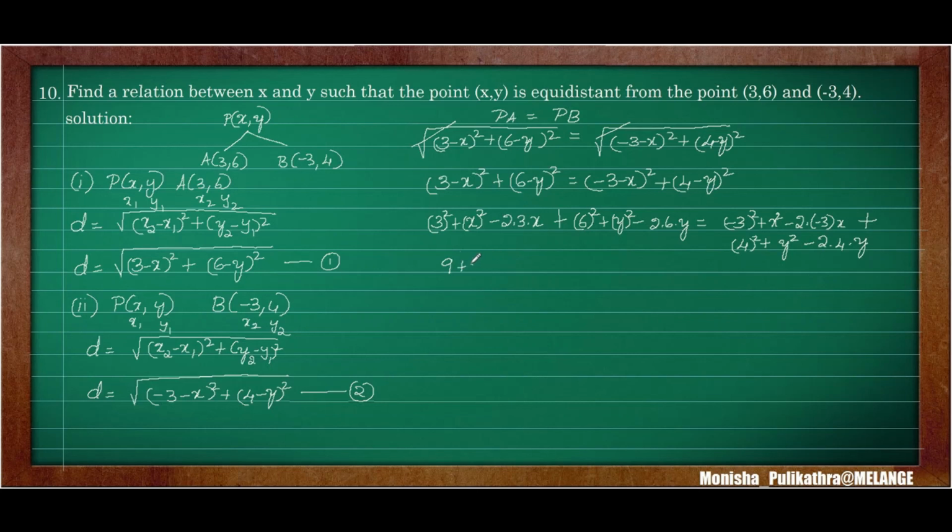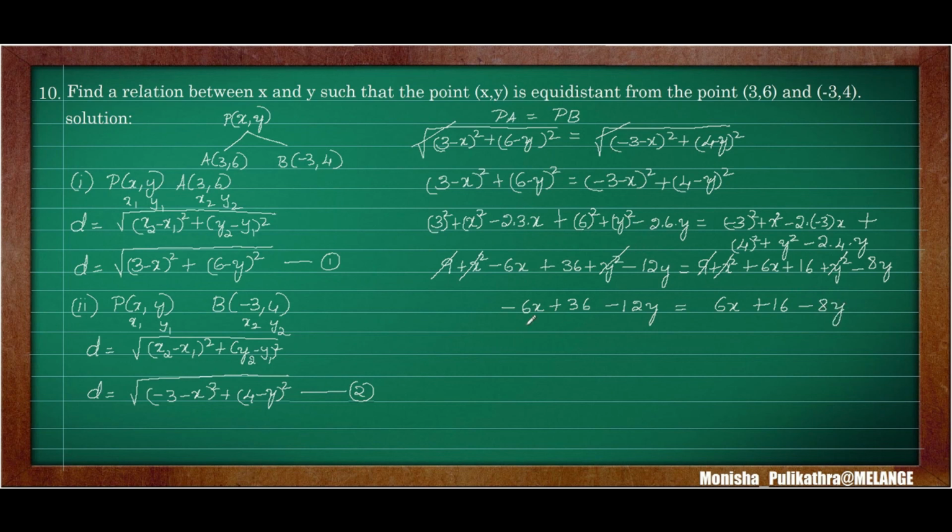So I will write it one more time. 9 plus x square minus 6x plus 36 plus y square minus 2 6s are 12y is equal to 9 plus x square. Here minus into minus is plus 6x plus 4 square is 16 plus y square minus 2 4s are 8y. Okay, here x square and x square cancel each other and y square and y square cancel each other. So the remaining is minus 6x plus 36 minus 12y is equal to 6x plus 16 minus 8y.